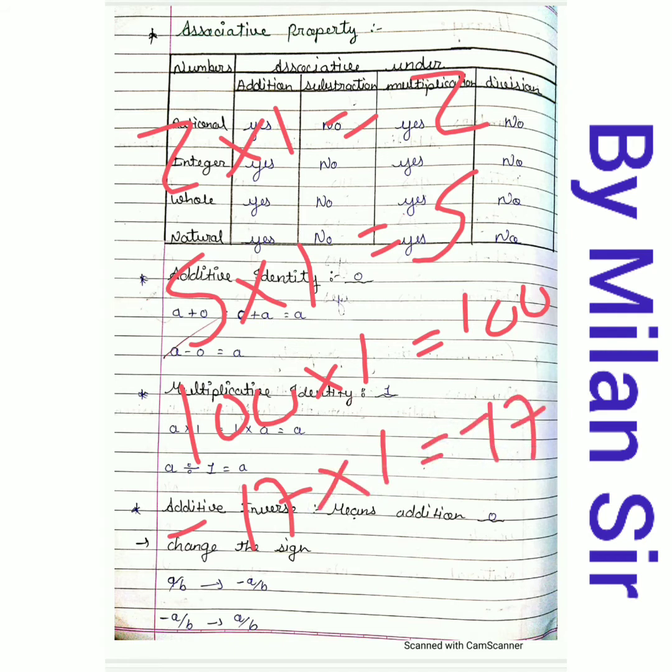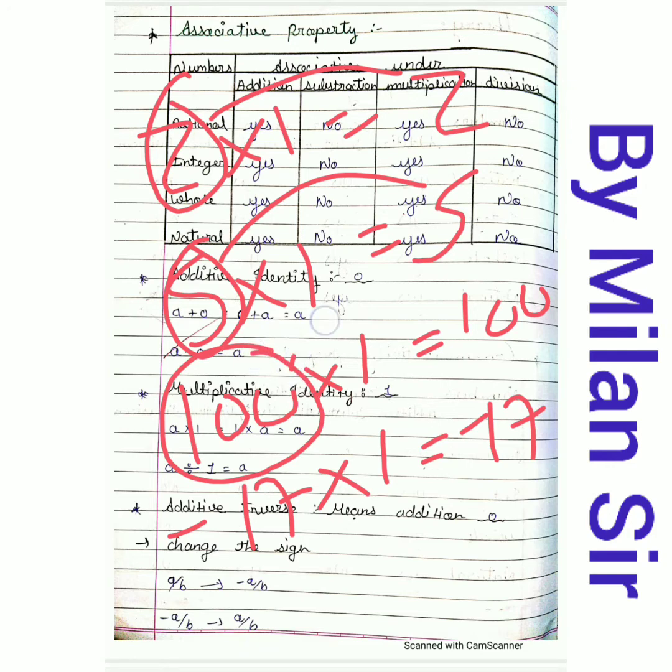So if we multiply any number with 1, we get the same answer, right? If we multiply 2 with 1, we get the same 2. If we multiply 5 with 1, we get 5. If we multiply 100 with 1, we get 100. If we multiply minus 17 with 1, the answer is minus 17.